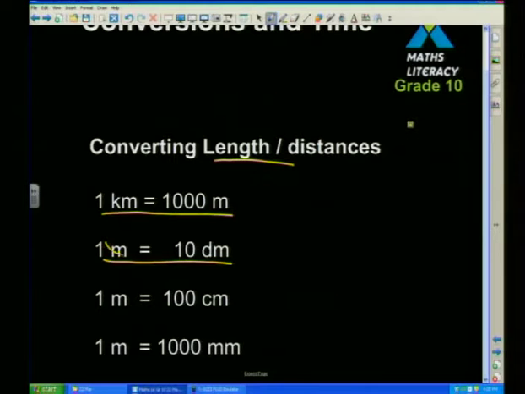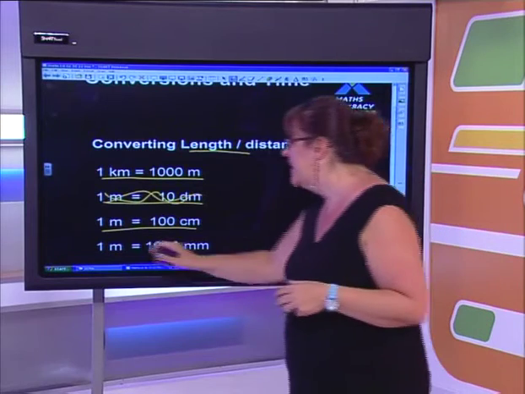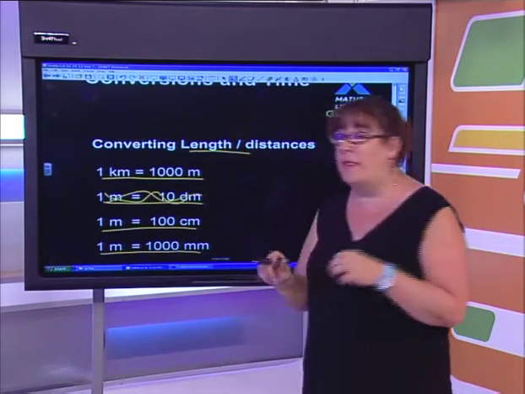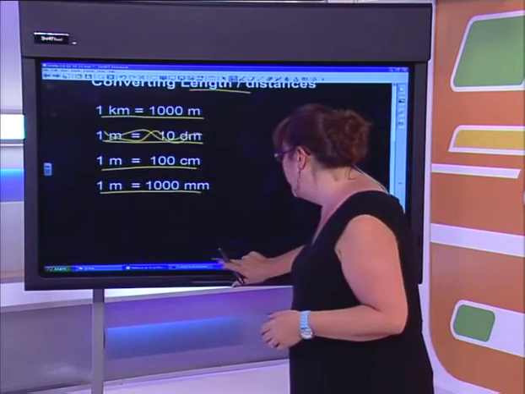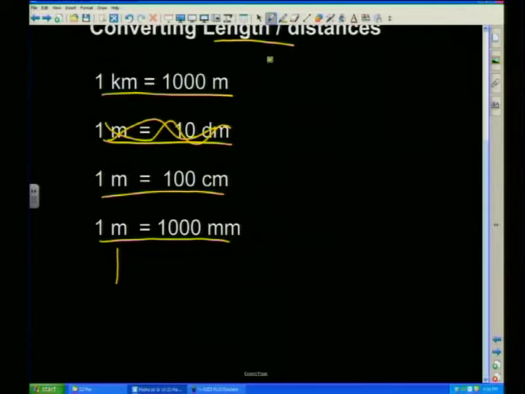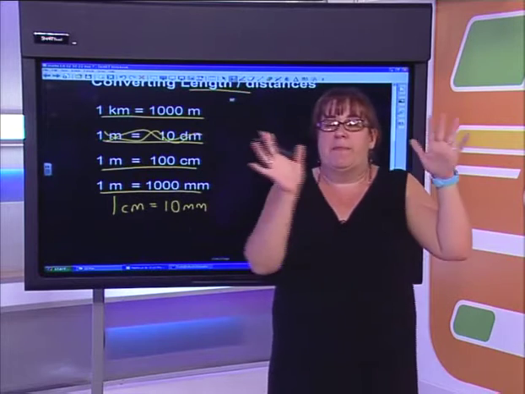I'm going to ignore that because we don't really use it. So let's ignore it for now. 1 meter is 100 centimeters, and 1 meter is also 1,000 millimeters, which basically means that 1 centimeter is 10 millimeters. Now, let's take a step back from this.